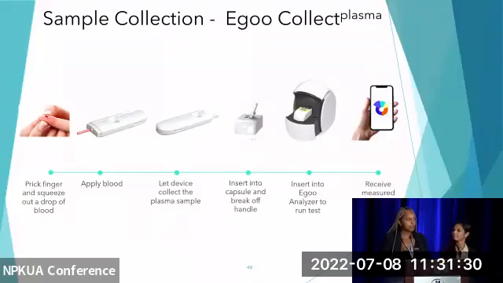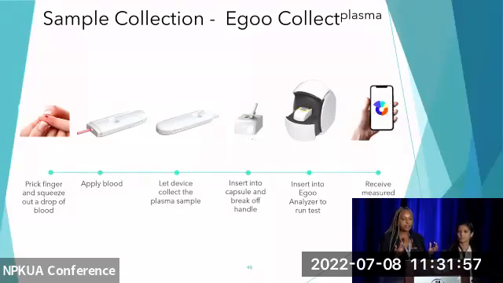Yes, to begin with, if you want to run a test, you would first need to collect your sample. As I said, you need to use this Egoo Collect Plasma. This is what you can see in the picture. This is the latest edition. First you would prick your finger with a finger stick, as I'm sure most of you have already tried when you do your dried blood spot test. Then you would apply your blood to this little capillary tube, so it will easily take up the blood.